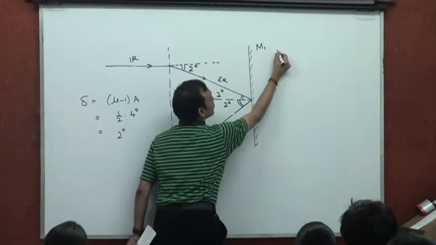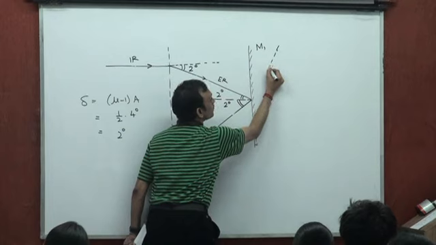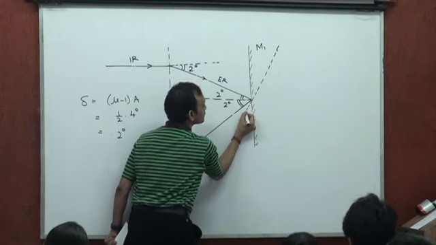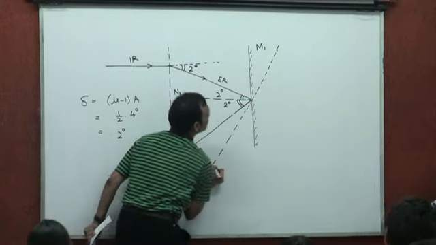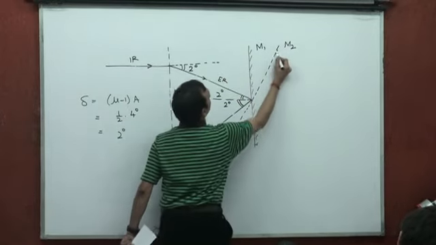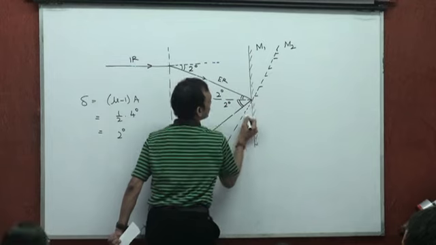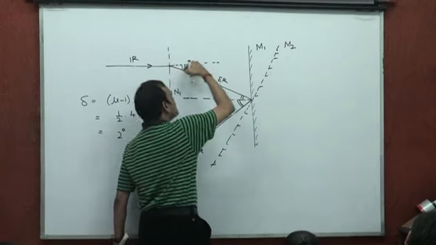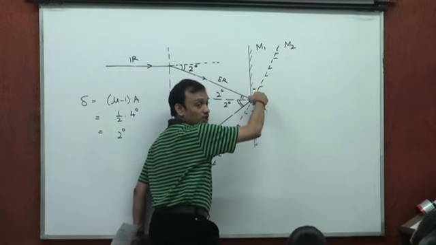Which means you may want to have the new position of the mirror something like this. Call it M2. And in this new position of the mirror, this must be the normal.